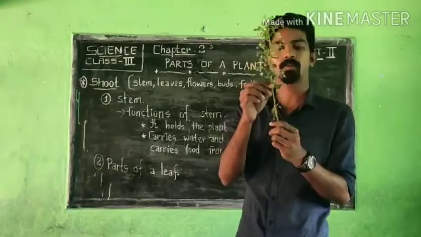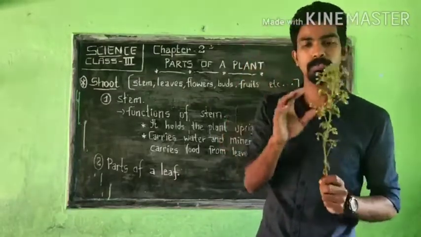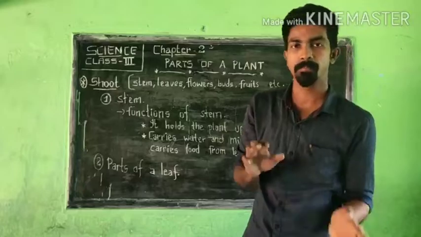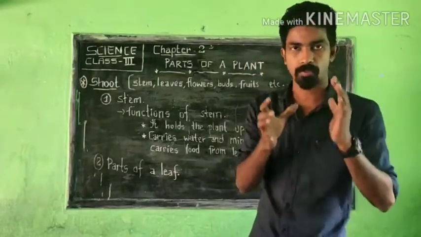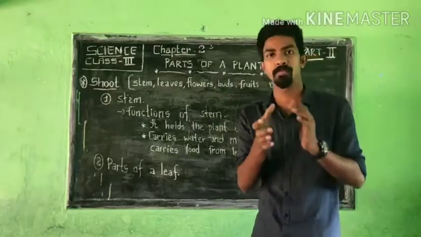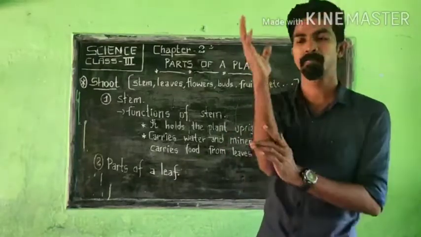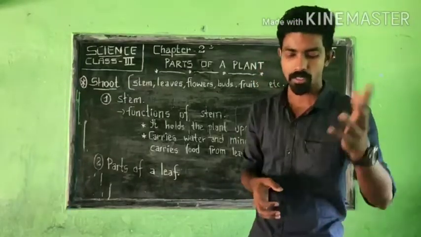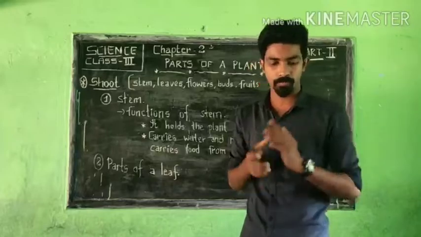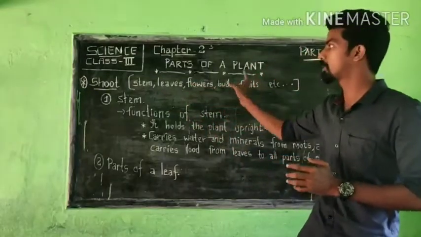The stem helps the plant a lot, because almost all plants cannot stand straight without the help of the stem. So the first function of the stem is that it holds the plant upright. It gives a posture to the plant to stand straight. That is the first thing given in your textbook. And the stem bears branches, leaves, flowers, buds, fruits, etc.